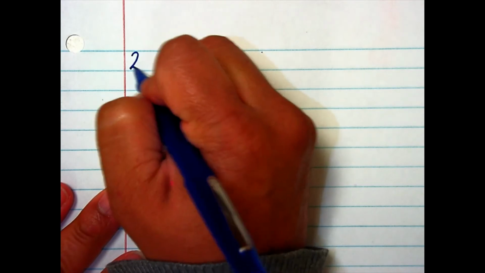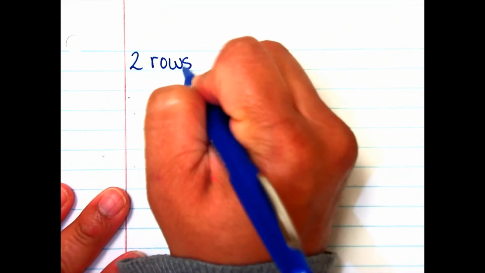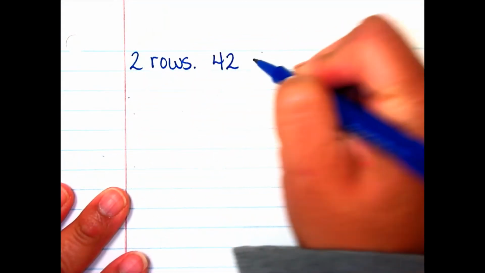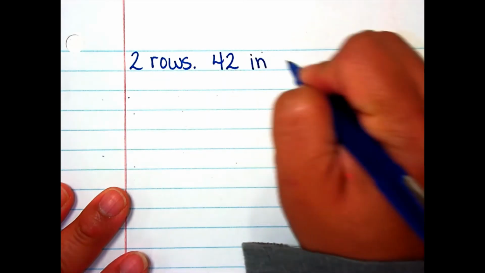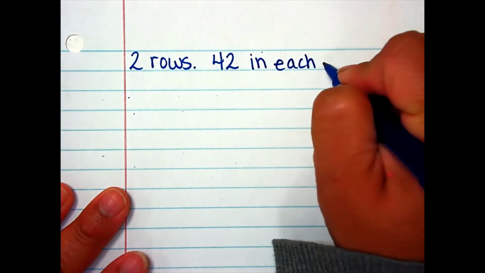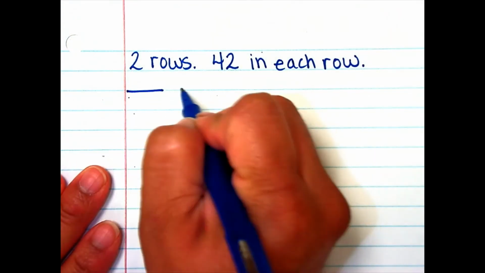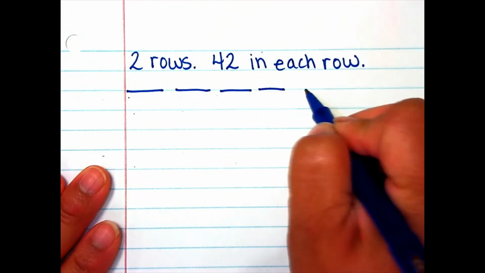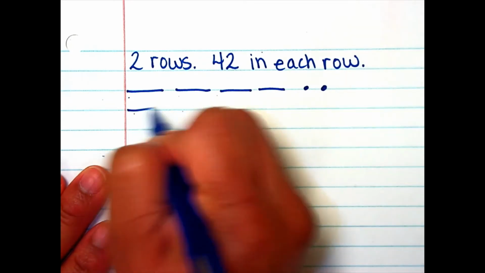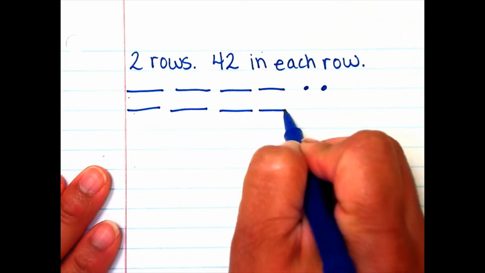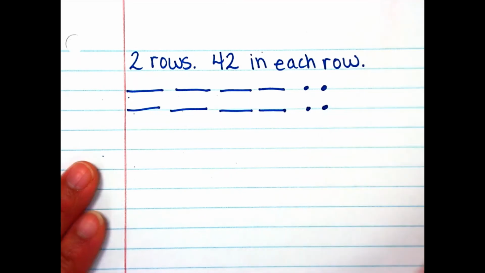2 rows, 42 in each row. So 10, 20, 30, 40, 41, 42, 10, 20, 30, 40, 41, 42.